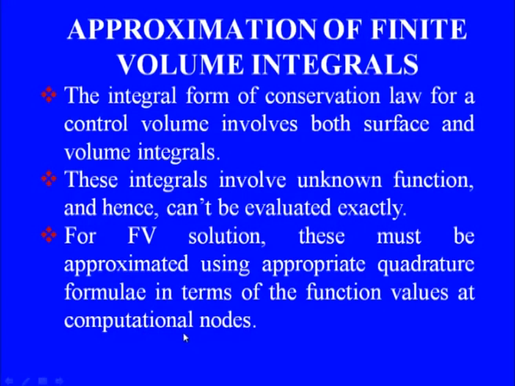So for the finite volume solution, what do we do? We will assume that our unknown function is specified at computational nodes and use the function values at computational nodes to obtain an approximation for these integrals using an appropriate quadrature formula. So now let us first have a look at the schemes for the surface integral. How do we approximate the surface integral?